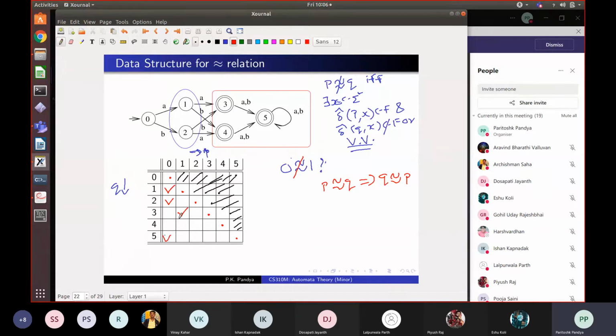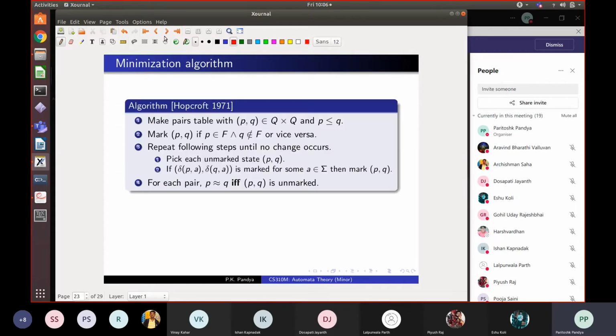Now here we completed the table intuitively, but there is an algorithm. There is quite a famous algorithm which will complete the lower triangular part of the table by systematically exploring equivalences between states. Okay. And that algorithm is due to Hopcroft. He gave it in 71. Sorry, he got his Turing Award in 79.